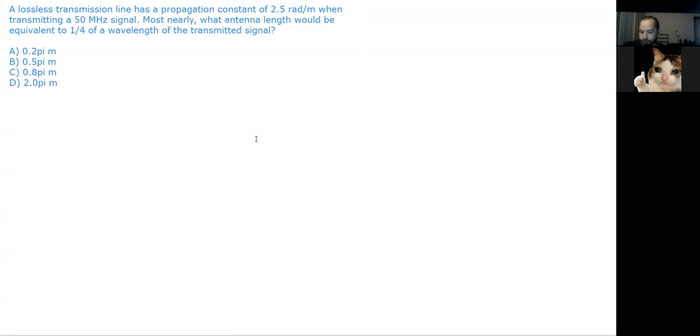So beta is 2 pi over wavelength. Yeah, this one's pretty straightforward. Basically, once you get your wavelength right here, you just need to divide it by 4.